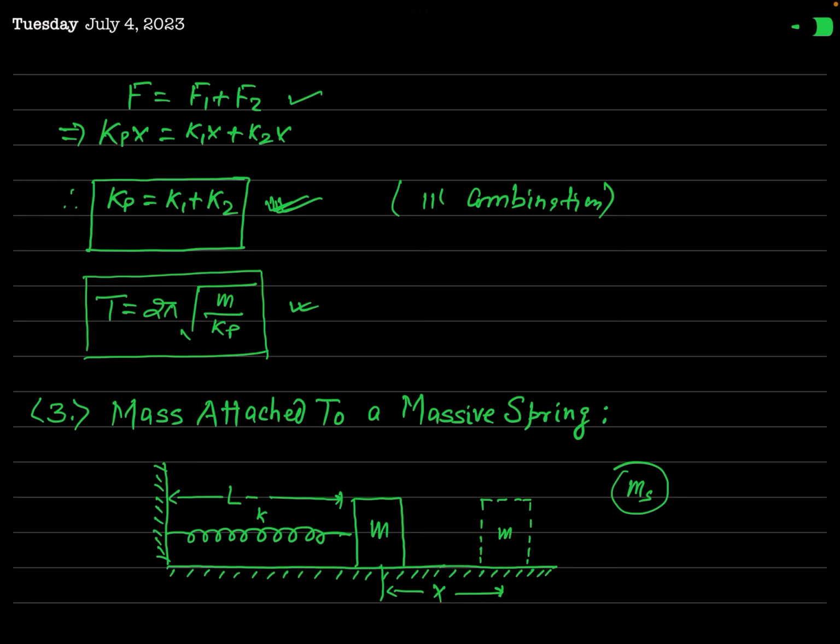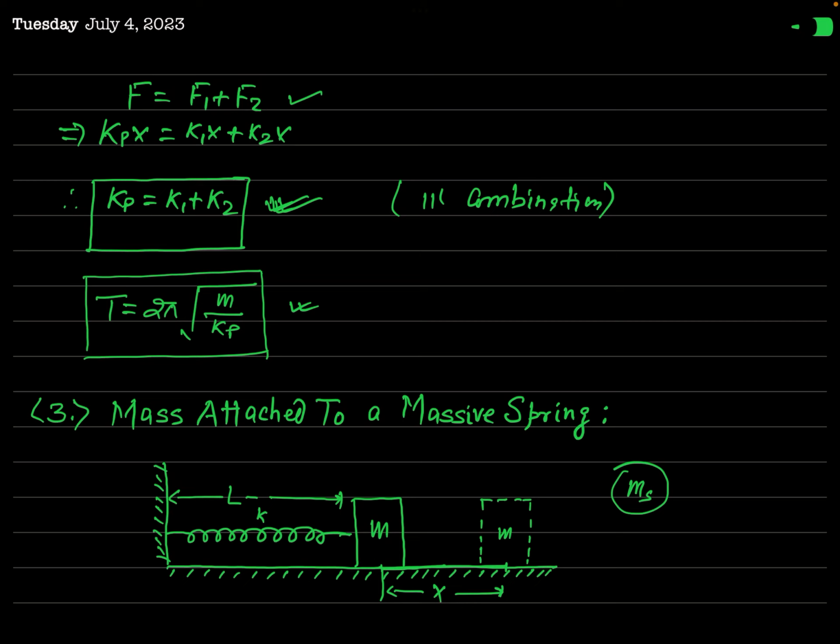Okay. So now let us try to obtain the total energy of this spring mass system when this mass has been displaced by x, but x is very small. We are talking about the limiting condition of a small oscillation.